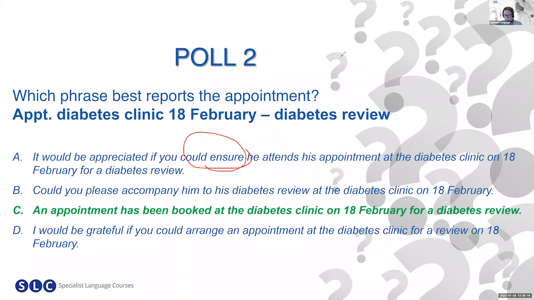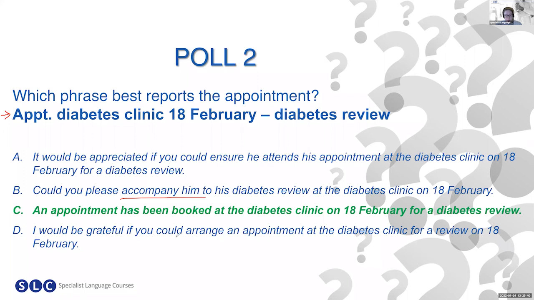Depending on the context. Again, here, please could you accompany him? There's no indication that the reader needs to go with the patient. I mean, he's possibly at home looking after himself and can get the bus to the appointment himself. There's no indication in this line that the reader needs to go with the patient.